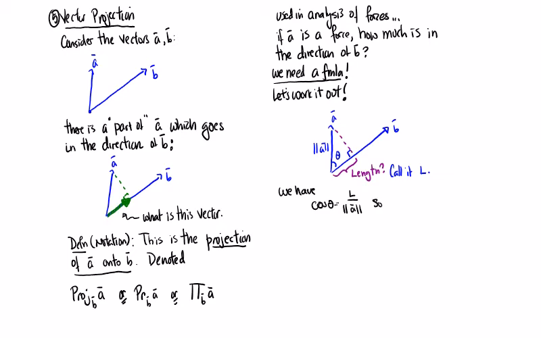So this tells us that the length of this guy is the magnitude of A times the cosine of theta. That's great. Then the question is, it's length L, but what's the actual vector? Let's think about what it is. It's a vector of length L which goes in the direction of B.